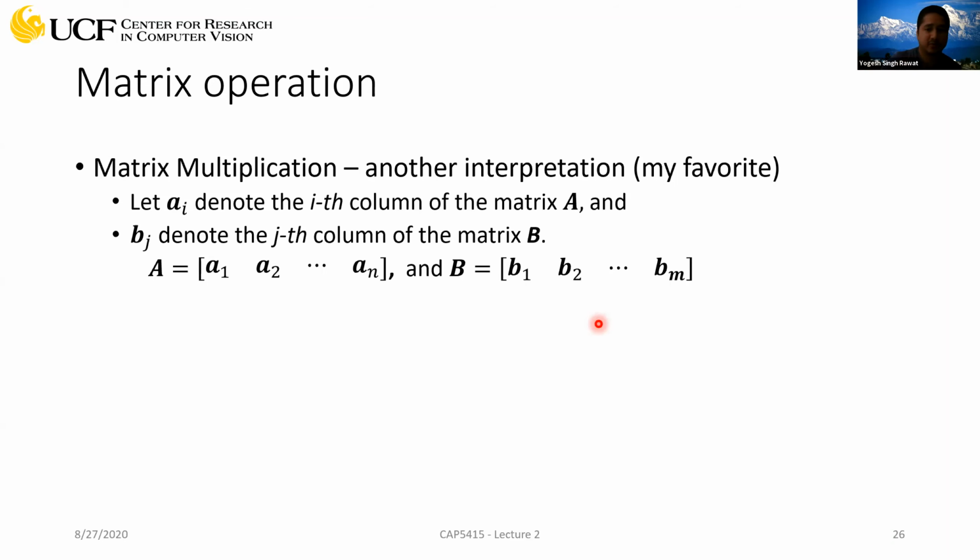Again, we have two matrices, A and B. We are representing them as a set of columns, again a set of columns.